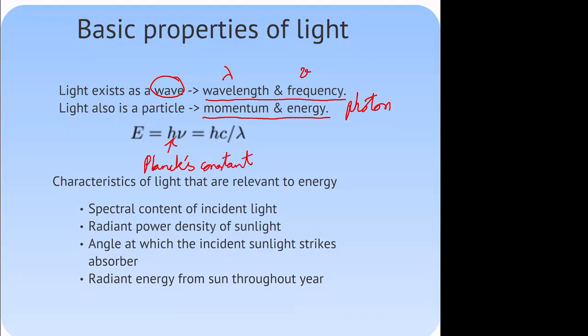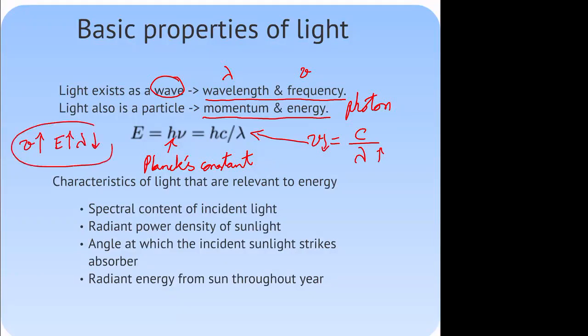And because nu is related as c over lambda, you can see that these equations are equivalent: h nu equals hc over lambda. So you can see as lambda increases, nu decreases. Also, the energy is directly related to nu, which means that as nu increases, energy increases and wavelength decreases. So this is a fundamental thing to keep in mind.